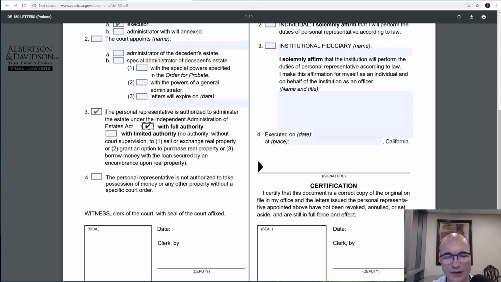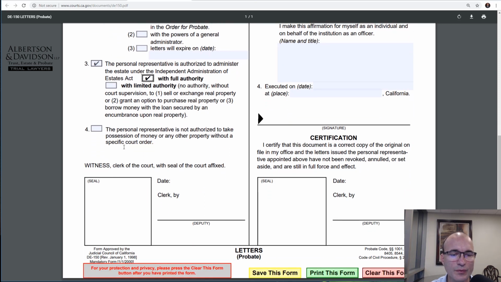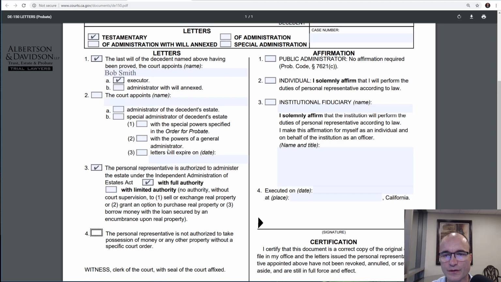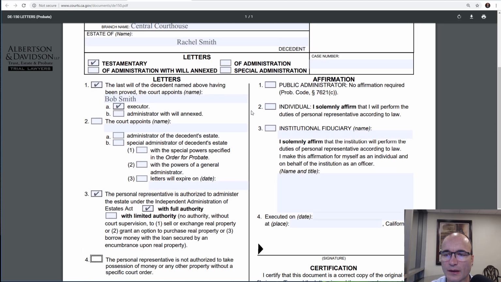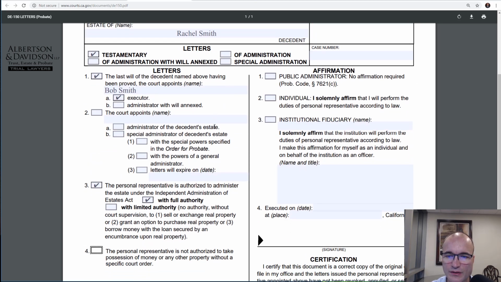So these letters are going to issue, and everybody who deals with this personal representative is going to know that they have these independent powers. And so people have to know that. Number 4, the personal rep is not authorized to take possession of money. That's a rare case, but if that were the case, then that would have to be checked. So you fill all of that out. And then that's pretty much all that you do.